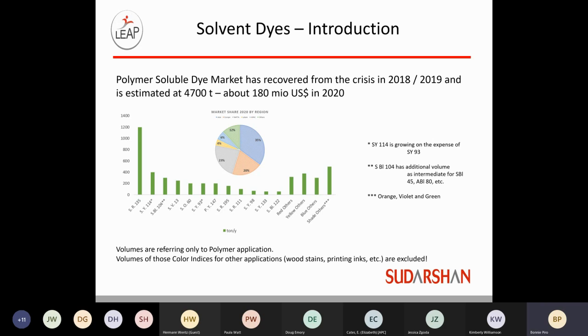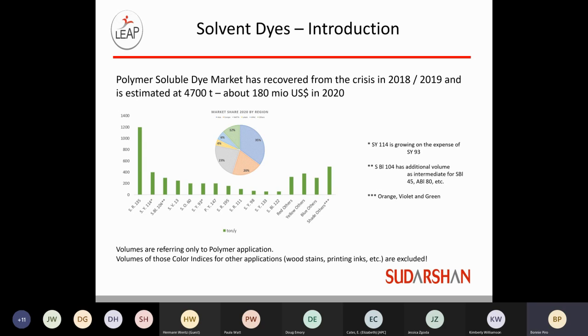So just a couple of footnotes with regards to this. The first one is that we see the solvent yellow 114 is growing at the expense of solvent yellow 93. That's primarily because solvent yellow 93 cannot be FDA certified, whereas the solvent yellow 114 can.